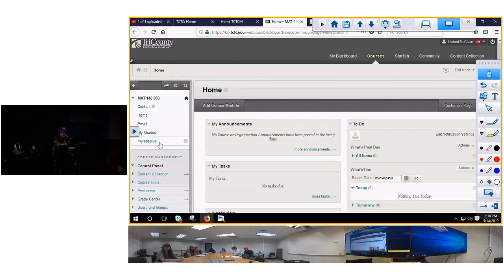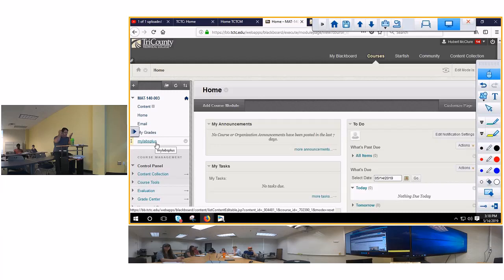This is where everybody's having a problem. Now, you only have this problem, I think, when you go through Blackboard. Go figure. Let me explain this if I haven't explained it before. For some reason, Tri-County Tech wants everybody to go through Blackboard to go to their other applications.